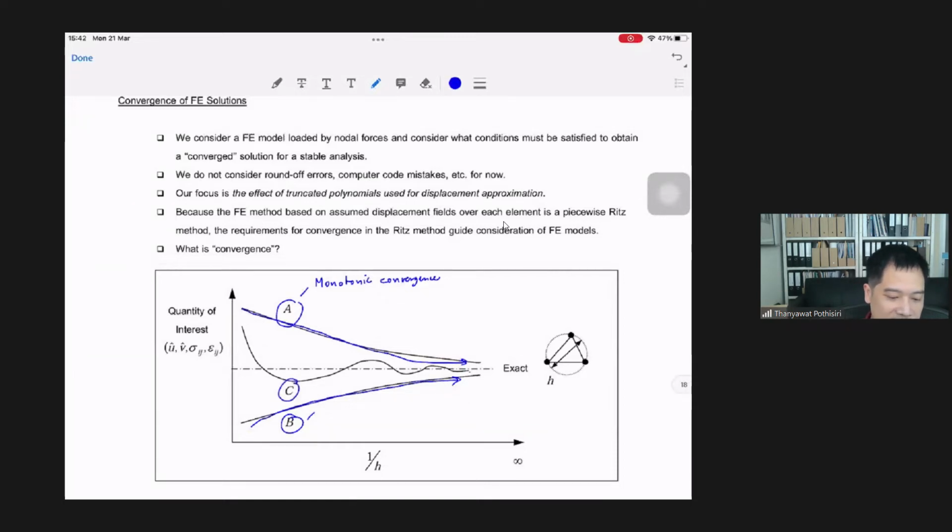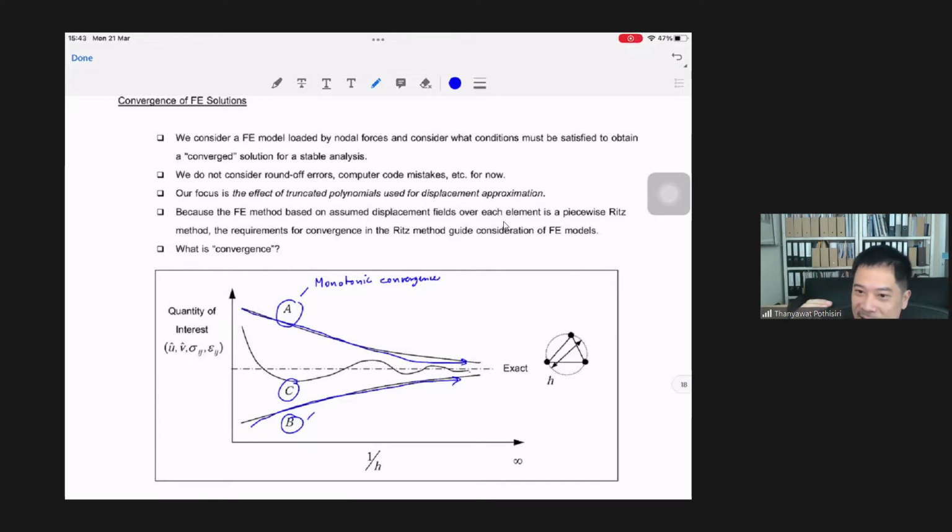But for curve C, sometimes it decreases, sometimes it increases like this. So this is not monotonic convergence. But still, for curve C, in the end it converges to something as well.